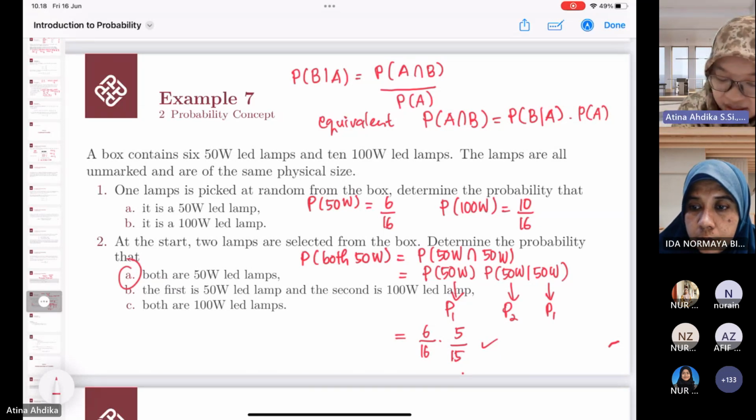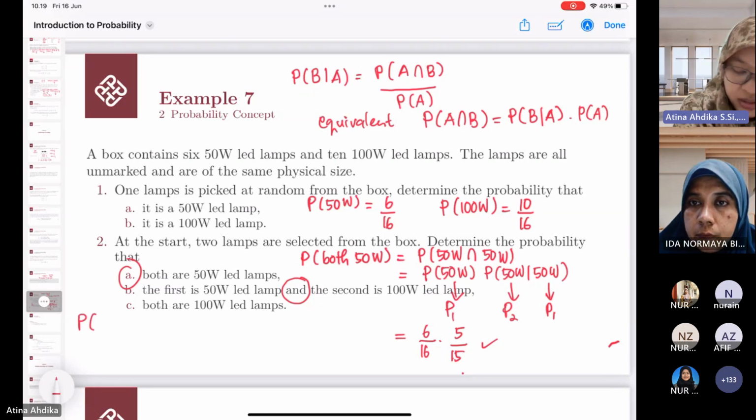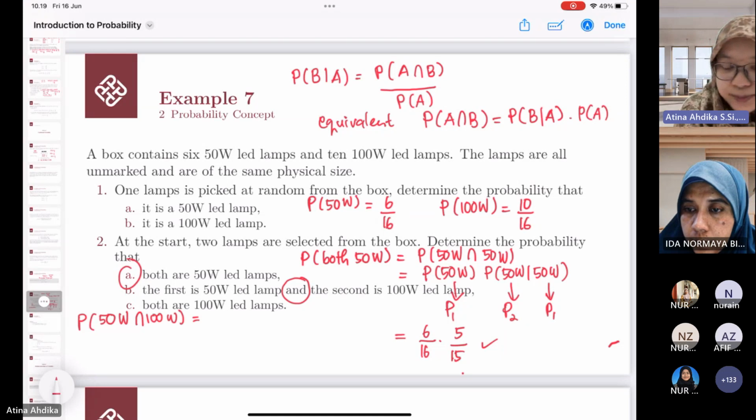Okay, we can see here the first is 50 and the second is 100. So what we have to calculate is the probability of the intersection between the 50 watt and the 100 watt. And again, we will use this calculation.